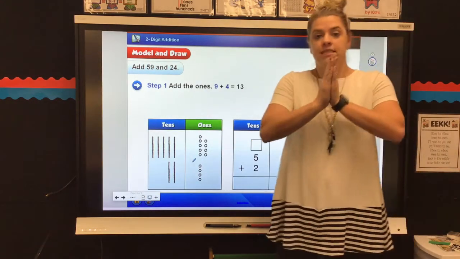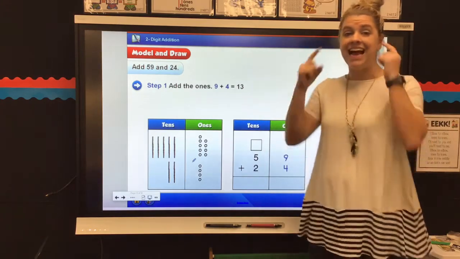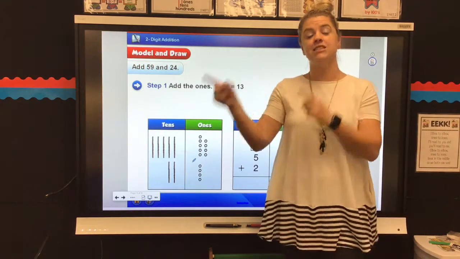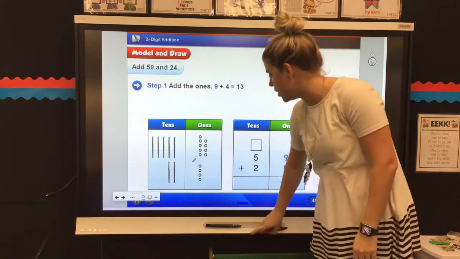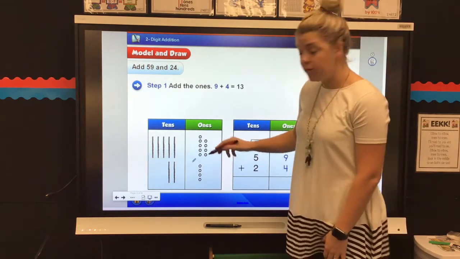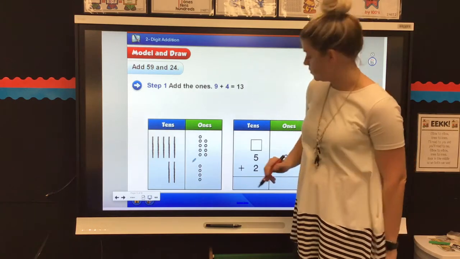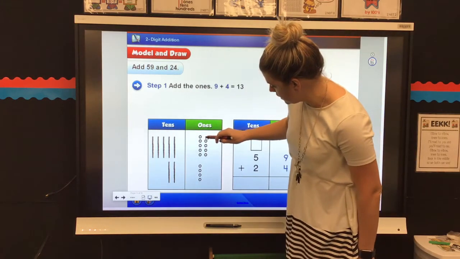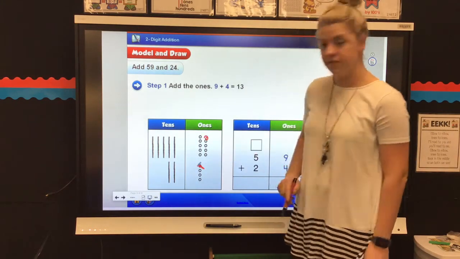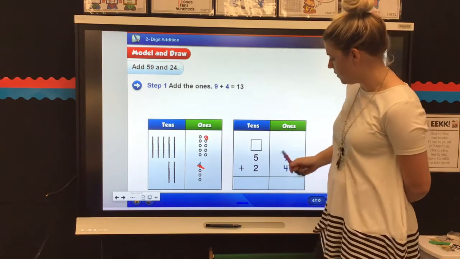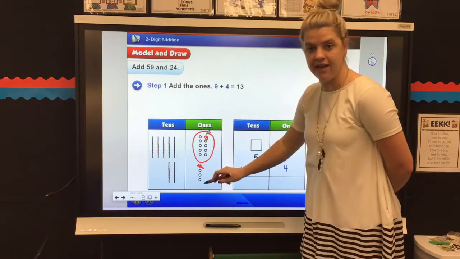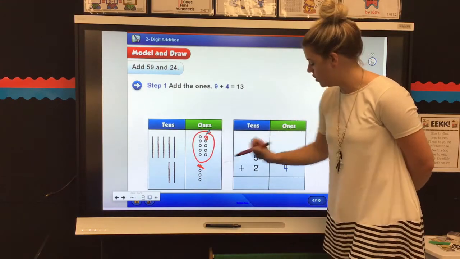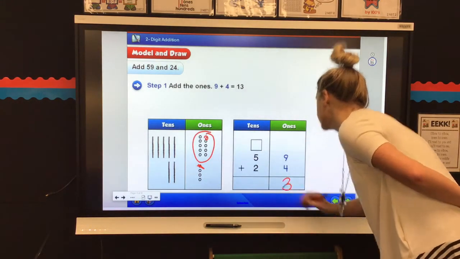Okay, so since we see that there are 13, I know that 13 is greater than 10, which tells me I'm going to have to regroup, all right? So, what do I need to make a 10? I have 1 open space right there. So I'm going to mark that one off because I did that, right? Okay. Let's circle these because there's our 10. How many are left? 1, 2, 3.